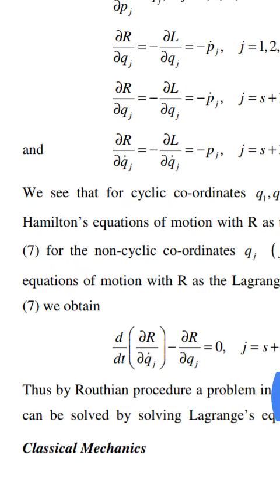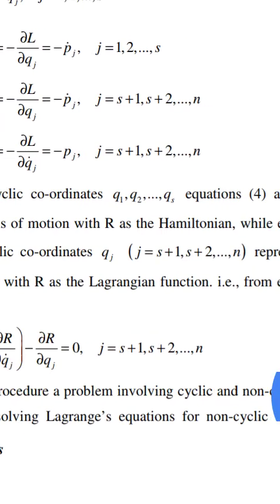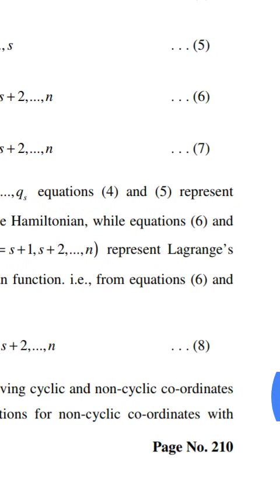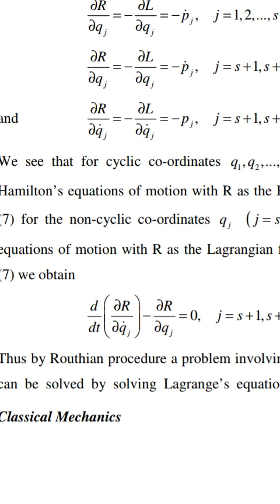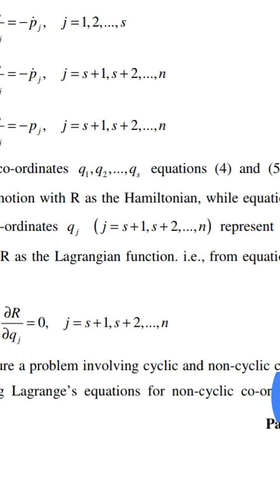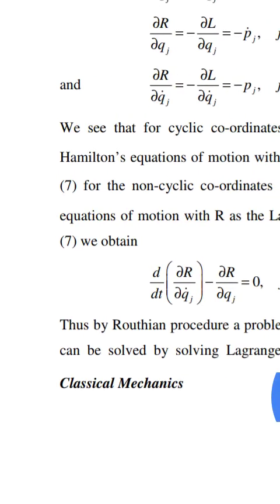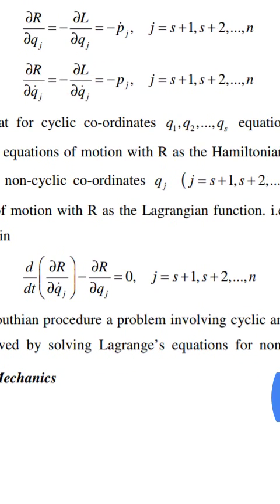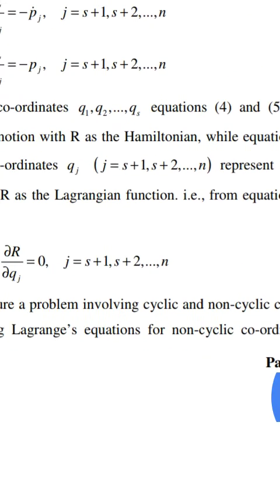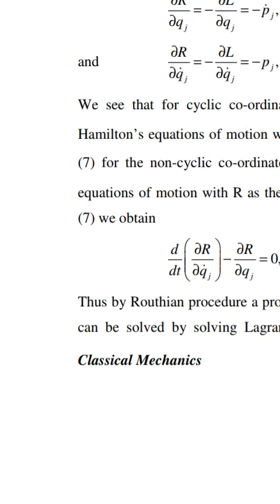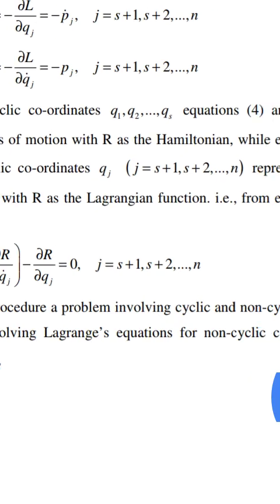We see that for the cyclic coordinates q1, q2, ..., qs, equations 4 and 5 represent Hamilton's canonical equations of motion with R as the Hamiltonian, while equations 6 and 7 for the non-cyclic coordinates qj, j equal to s+1, s+2, ..., n represent Hamilton's equations of motion with R as the Lagrangian function.